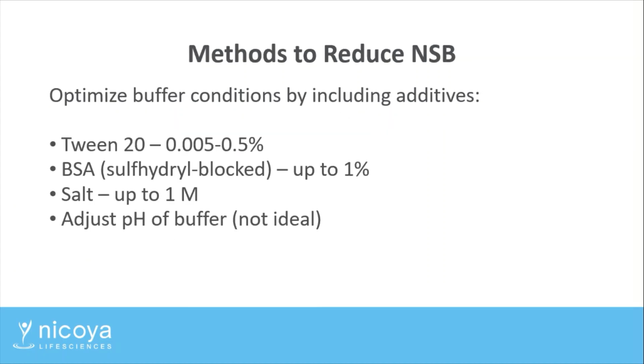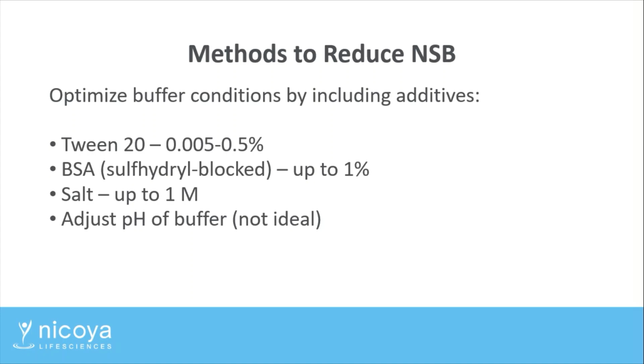To reduce these non-specific binding signals, if you were to see any, this will be done by optimizing your buffer conditions, namely by including a variety of different buffer additives. This is a standard technique across all SPR experiments, and it's not unique to our instrument. What I have listed here are the most commonly used buffer additives. For example, Tween-20, also referred to as P20, can be included to help reduce hydrophobic-mediated non-specific binding. BSA is a protein additive that is commonly used.